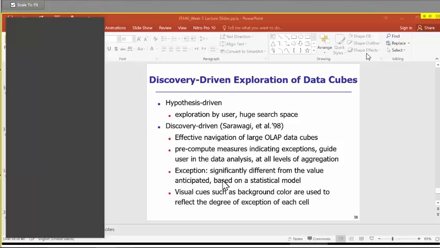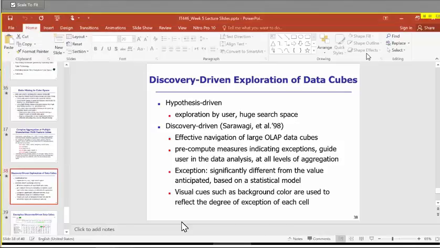An exception could be significantly different from the value anticipated, and it is based on a statistical model. And visual cues such as background color are used to reflect the degree of the exception of the cell.